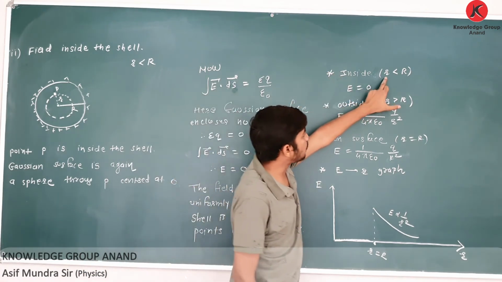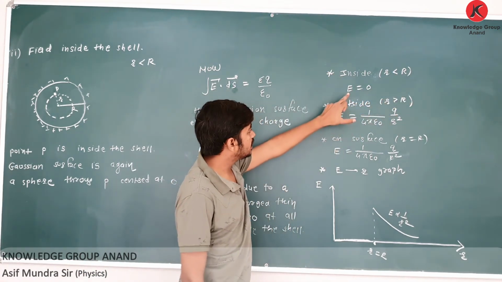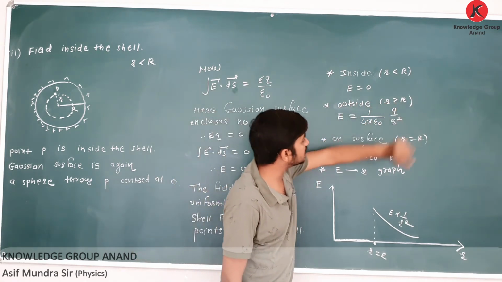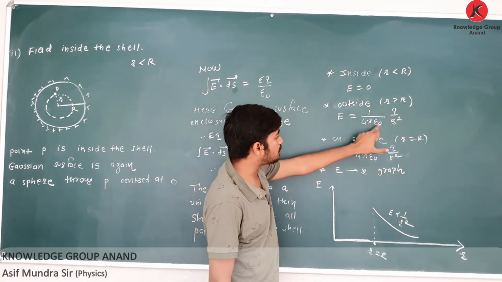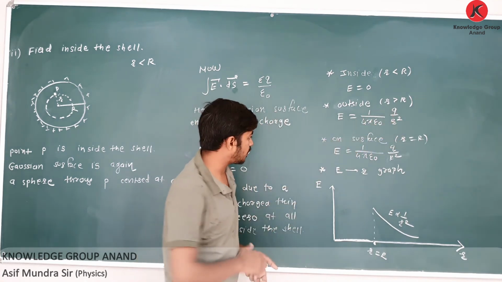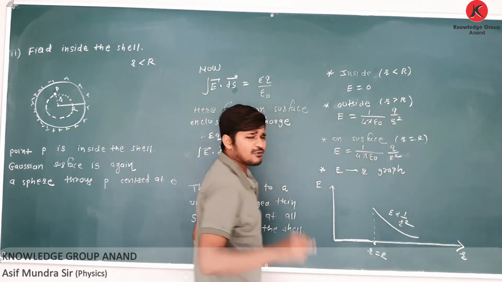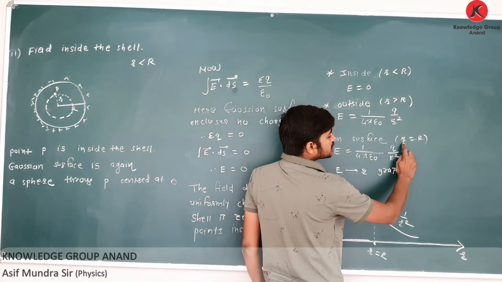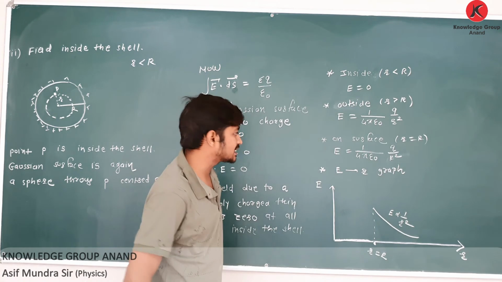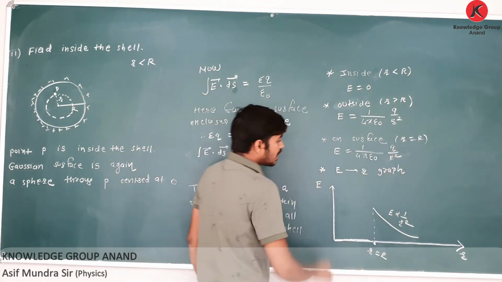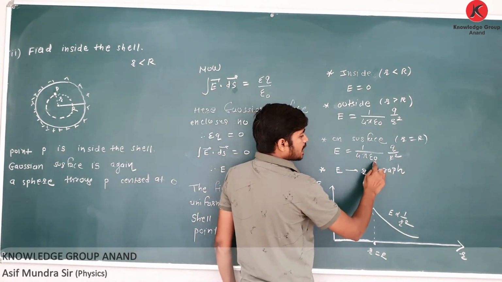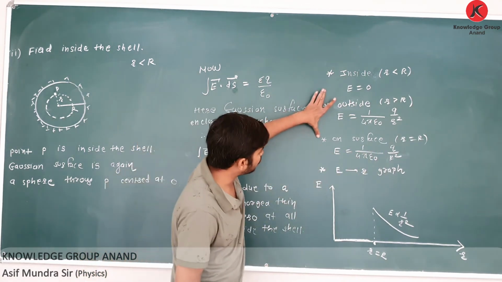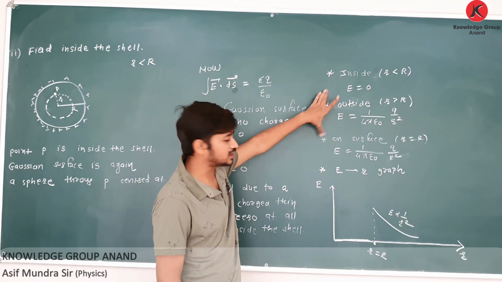Inside means small r less than capital R, electric field is 0 at all points. Outside, when r greater than R, E is equal to 1 upon 4 pi epsilon 0 Q upon r square. On surface, if you want to find electric field on surface, you have to replace small r by its radius, that is capital R. So E is equal to 1 upon 4 pi epsilon 0 Q upon R square. Clear? You have to remember these three equations to solve questions.